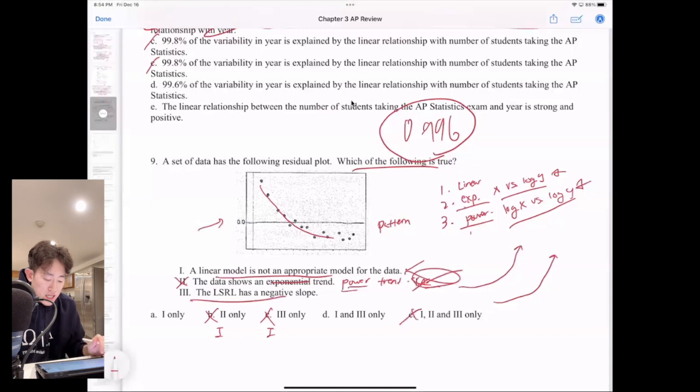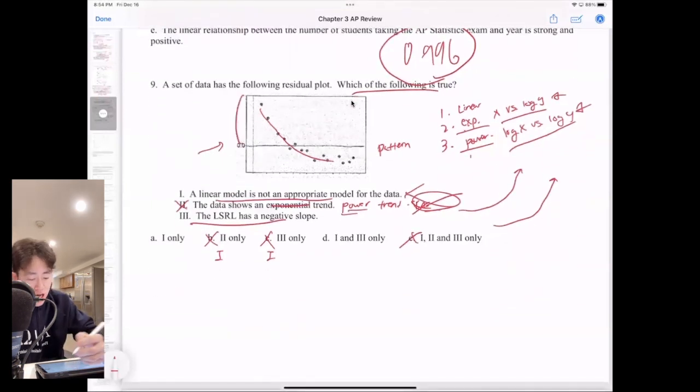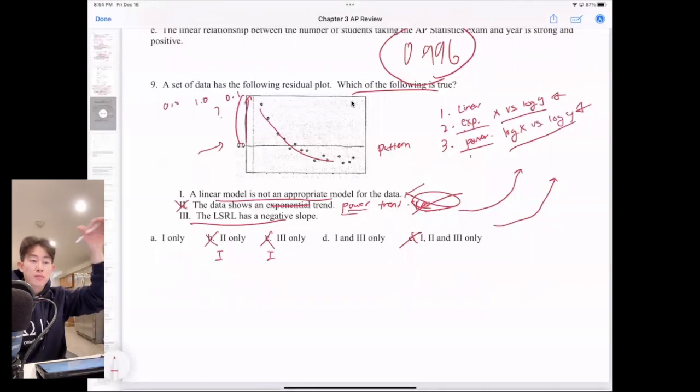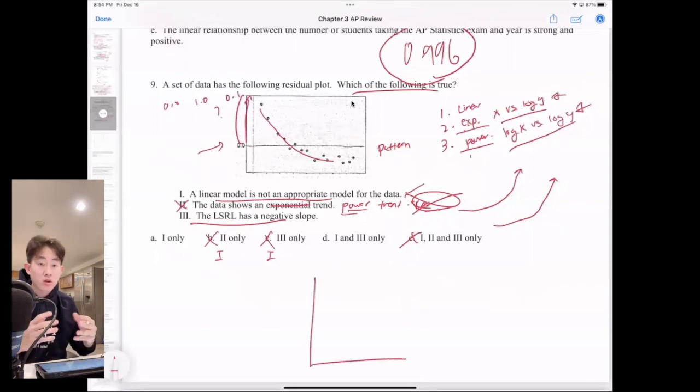The LSRL has a negative slope. You can see how, for this one, we really are not given the residual plot's values. Is this like 0.1? Is this like 1.0? Is this 0.5? What I mean by that is the top of the y scale. How different is it? Because depending on how different it is, I can literally draw a positive line.